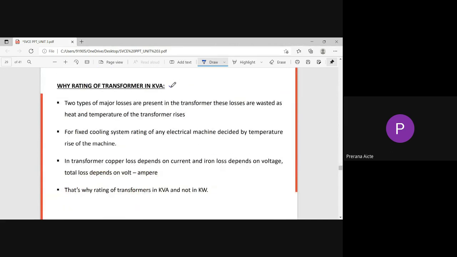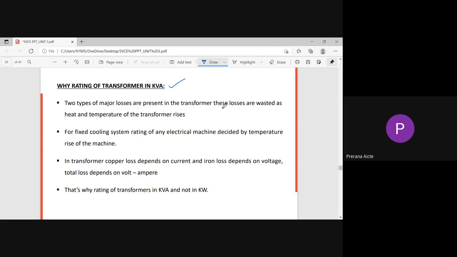See here, generally we represent the rating of the transformer in kVA. Why? Because there are two major types of losses that occur in a transformer: iron losses and copper losses. The iron losses depend on supply voltage. Why?